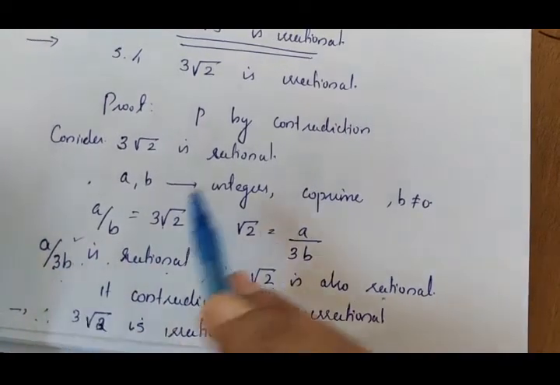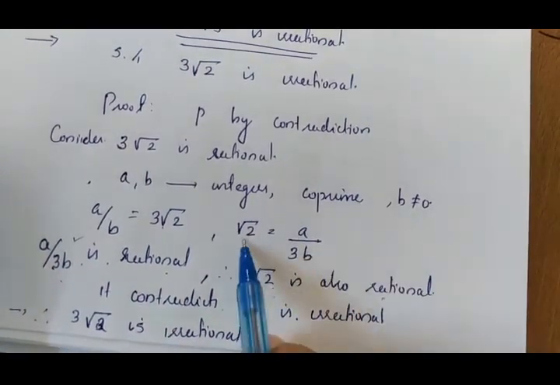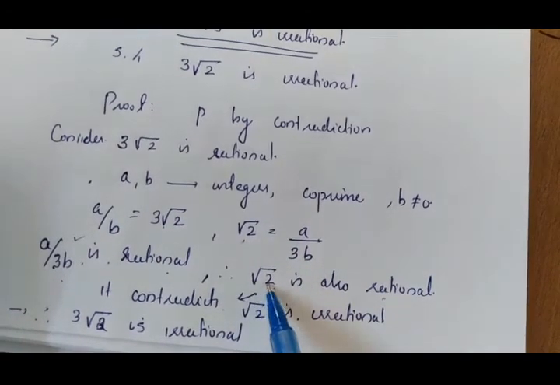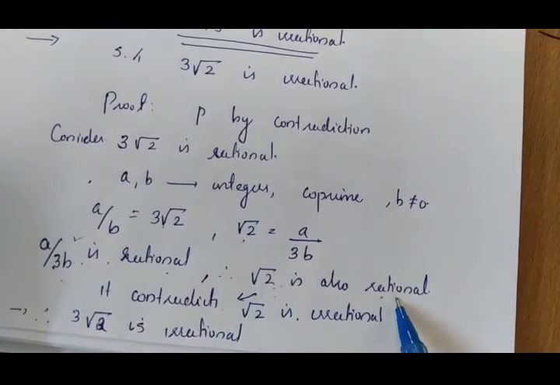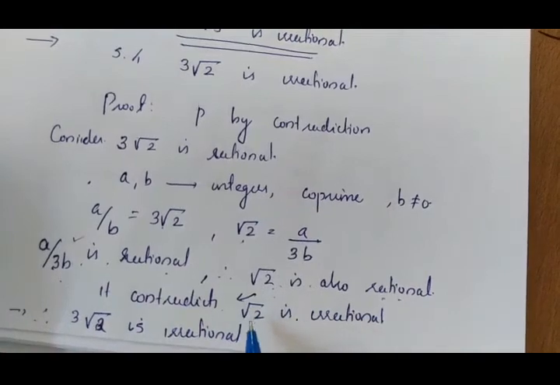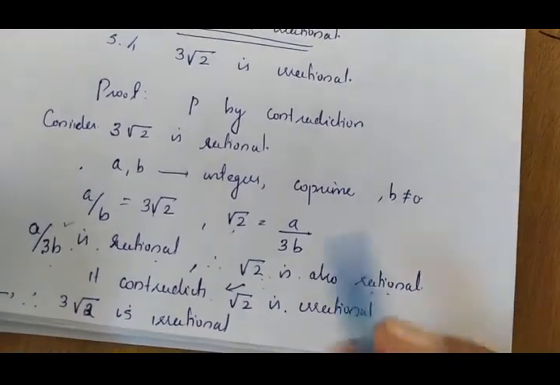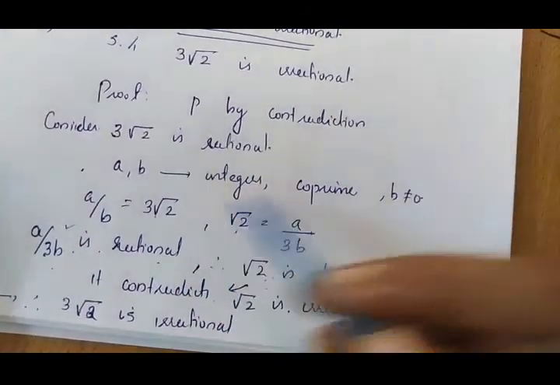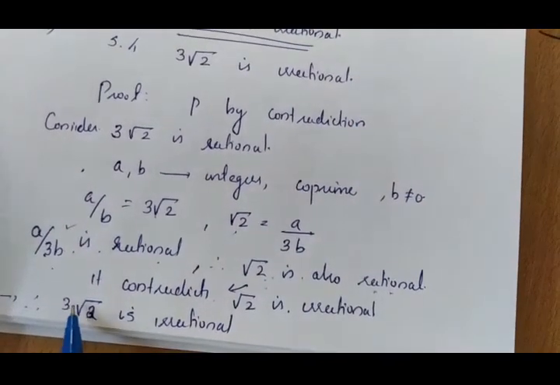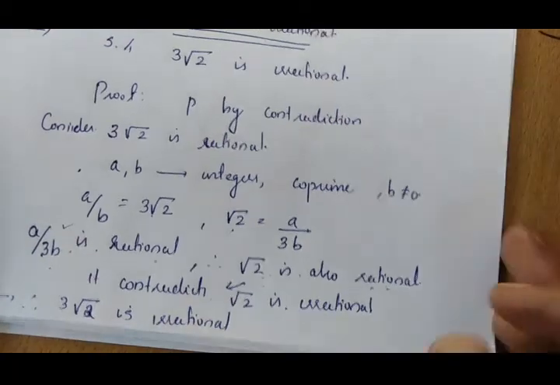If a divided by 3b is rational, root 2 is also rational. But that contradicts root 2 being irrational, which we already proved. So the assumption is false. Therefore, we can say that 3 root 2 is irrational.